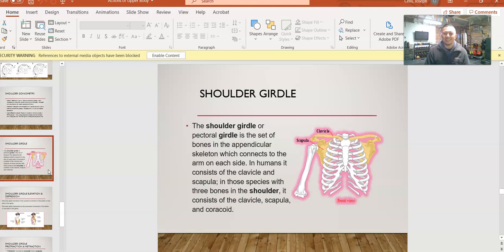In humans, it consists of the clavicle and the scapula. In those species with 3 bones in the shoulder, it consists of the clavicle, scapula, and coracoid. When we're talking about movements of the shoulder girdle itself, they're different than the flexion, extension, rotation movements, because we're talking about the whole entire girdle moving.